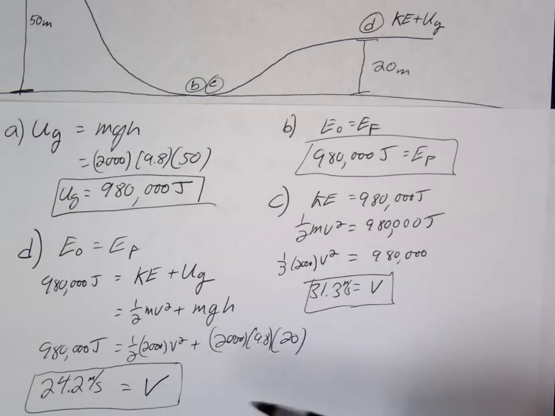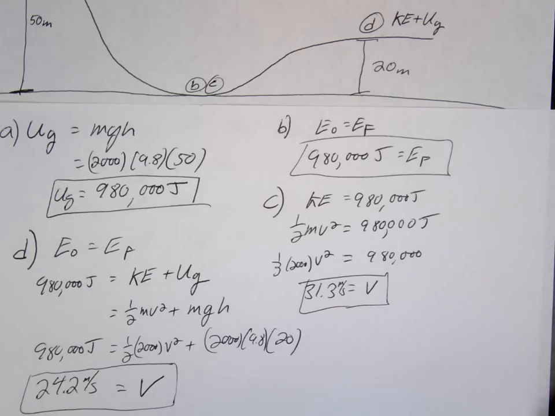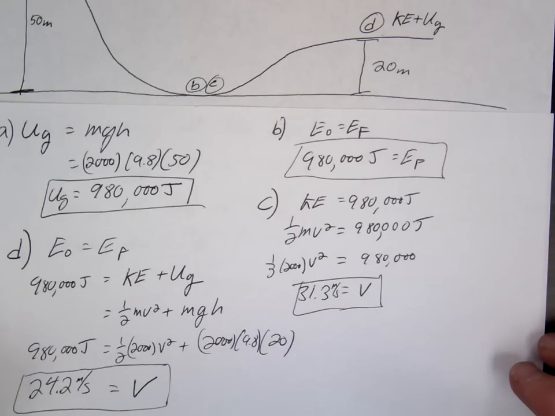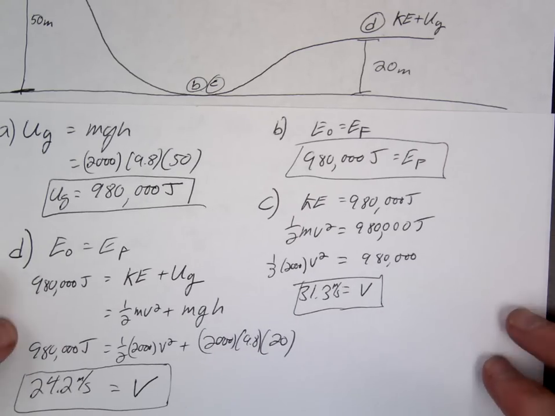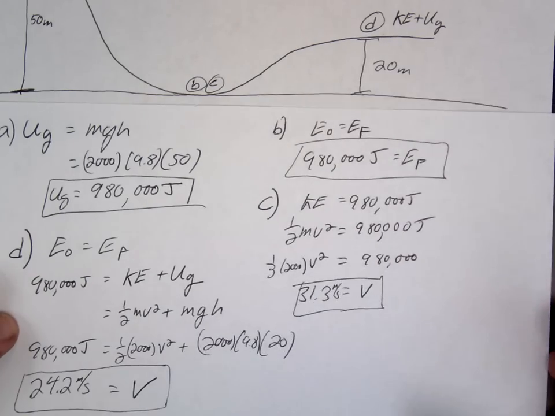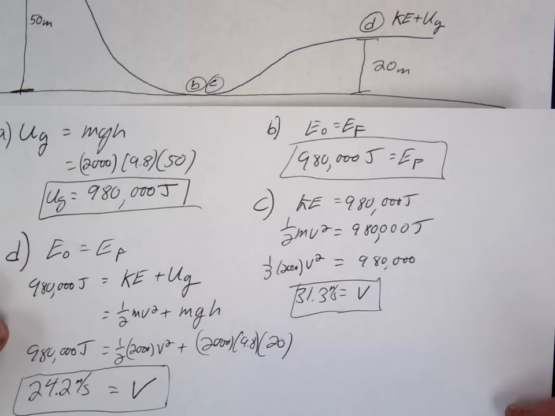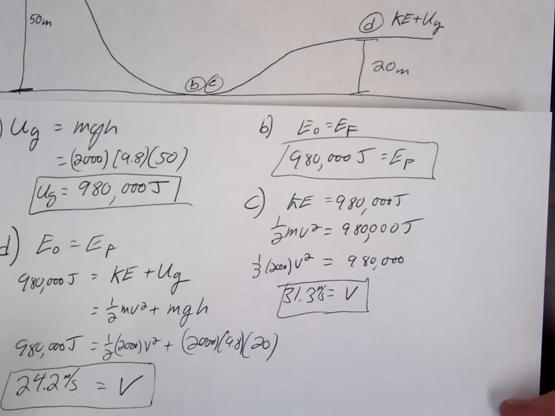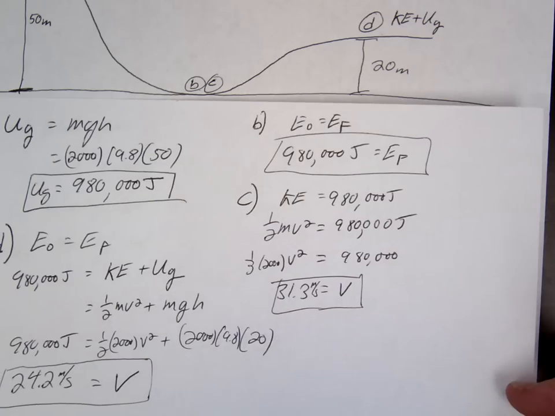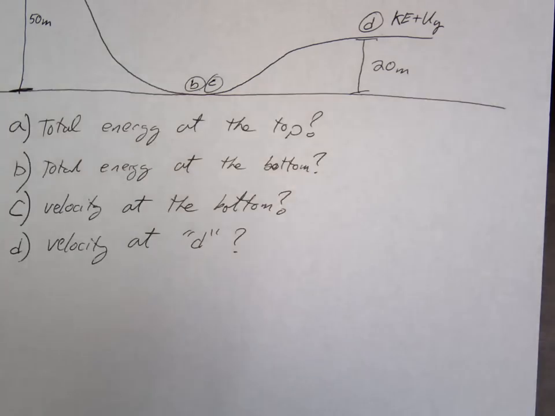Now there's another way to solve this, letter D. Anyone see a different way to solve it? Yeah. Just because you have 2/5 of the height and the set of proportion. Well, I tried that, but I didn't think the answer, so obviously it didn't work. Okay. Other ways? Yeah? I did the force times the distance at that point to find work, and then that's for the kinetic energy, so that's equal to 1/2 mv squared.